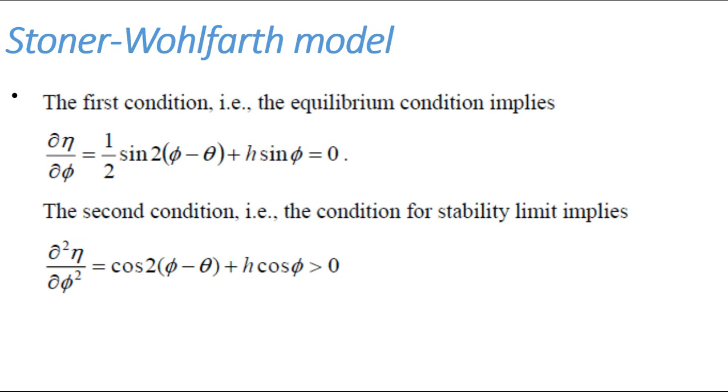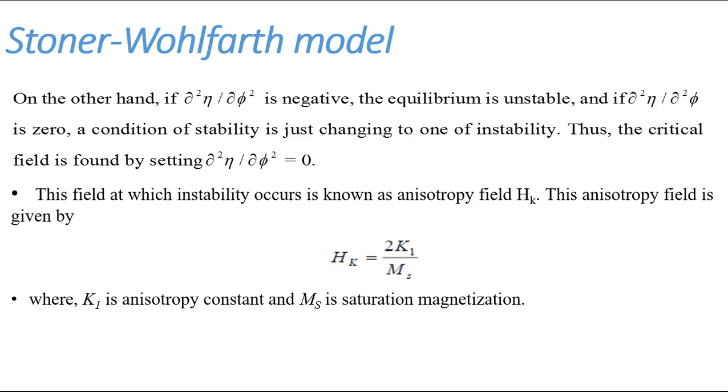The first condition gives us the first equation, and the second condition, if we take the double derivative, gives us the second equation. If this second derivative is negative, the equilibrium is unstable, and if the second derivative is 0, the condition of stability is just changing to one of instability.